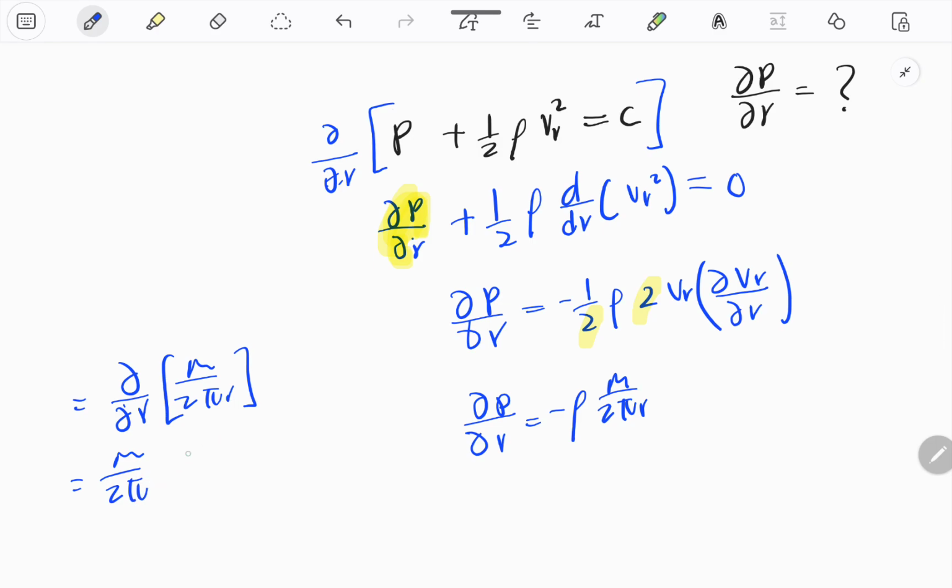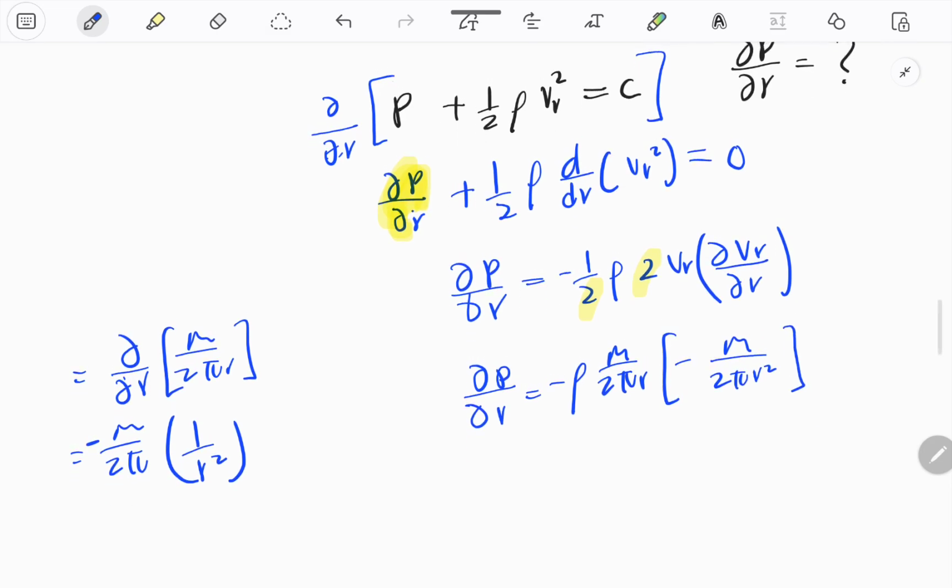And if I differentiate this, it's going to get me a negative and a 1 over r squared. Okay, cool. This is what we get. We can now come back and plug it in here. We'll have minus m over 2 pi r squared. That looks really beautiful.